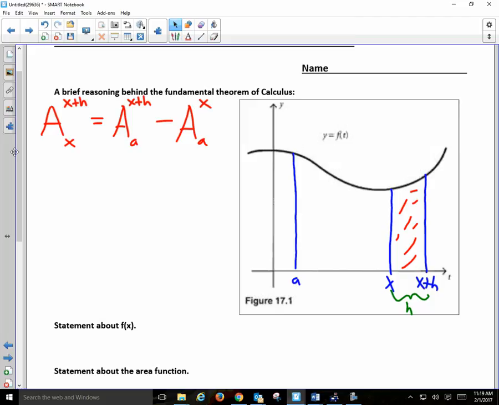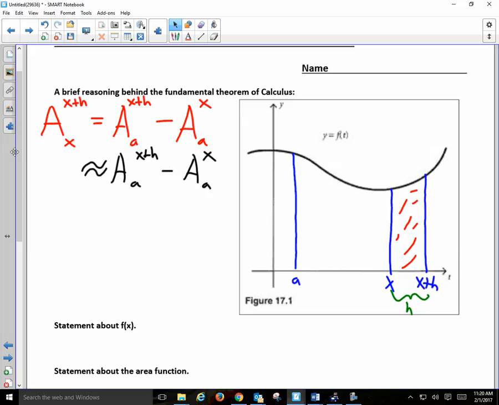Then what I'm going to do is insert something that's approximate. We're going to leave the right side alone, but I'm going to change the left side a little bit.